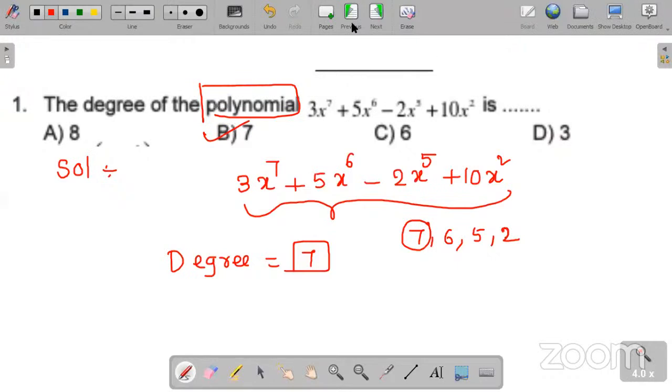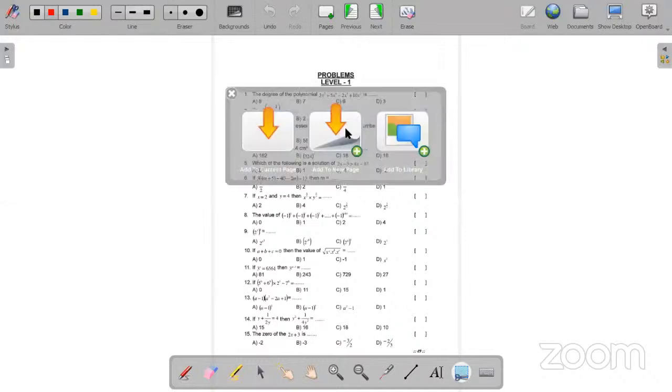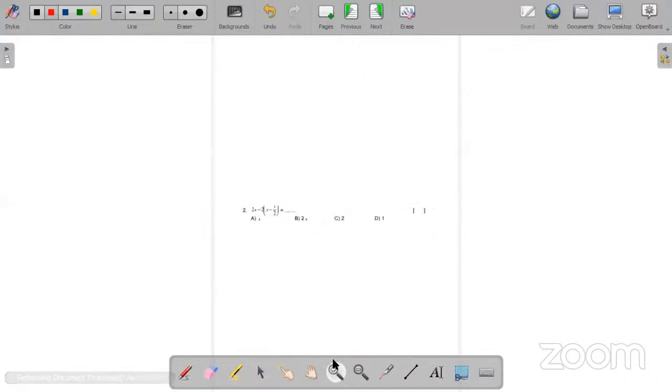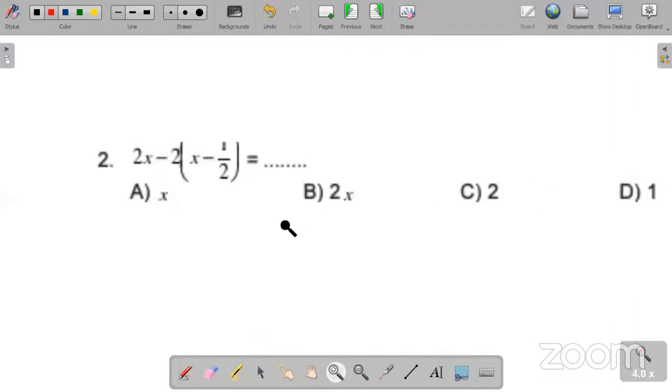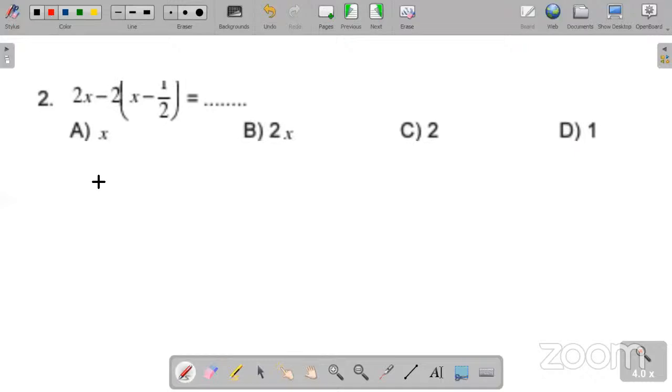Okay, let us move to the next concept. This question is 2x minus 2 times (x minus 1 by 2). What is your answer? You try yourself.